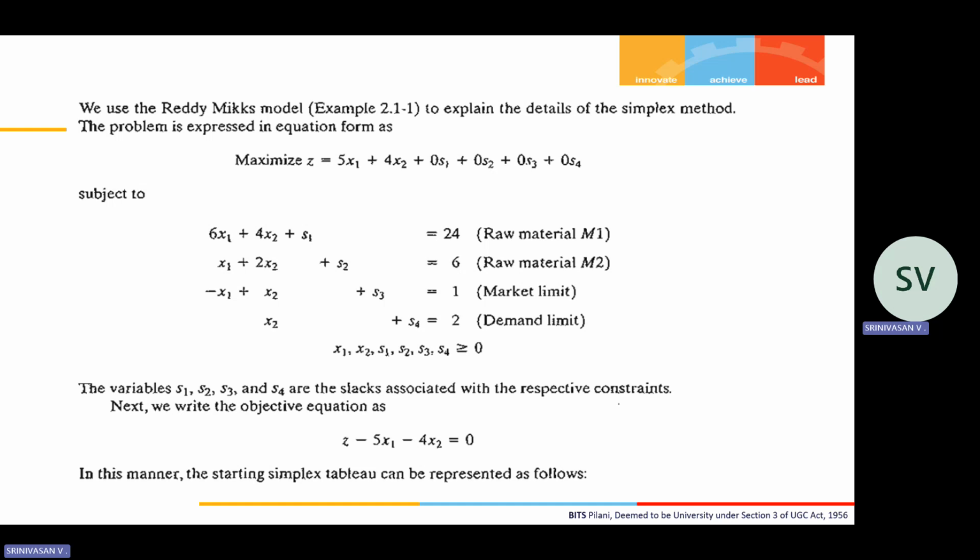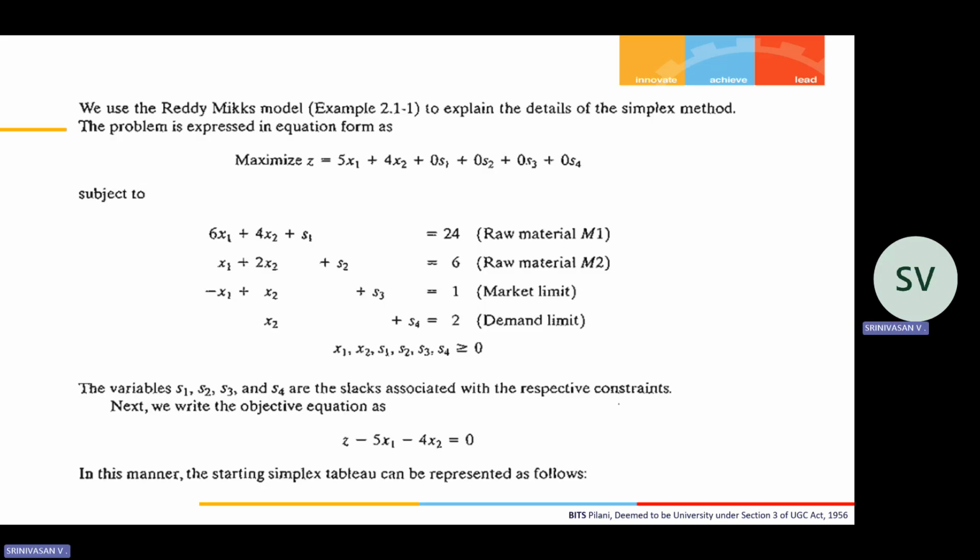So here are, remember, only two decision variables in the original problem, but then there are 4 constraints. So there is no connection between the number of constraints and the number of variables. Okay, it is not necessary that they should match. The variables s1, s2, s3, and s4 are the slacks associated with the respective constraints.